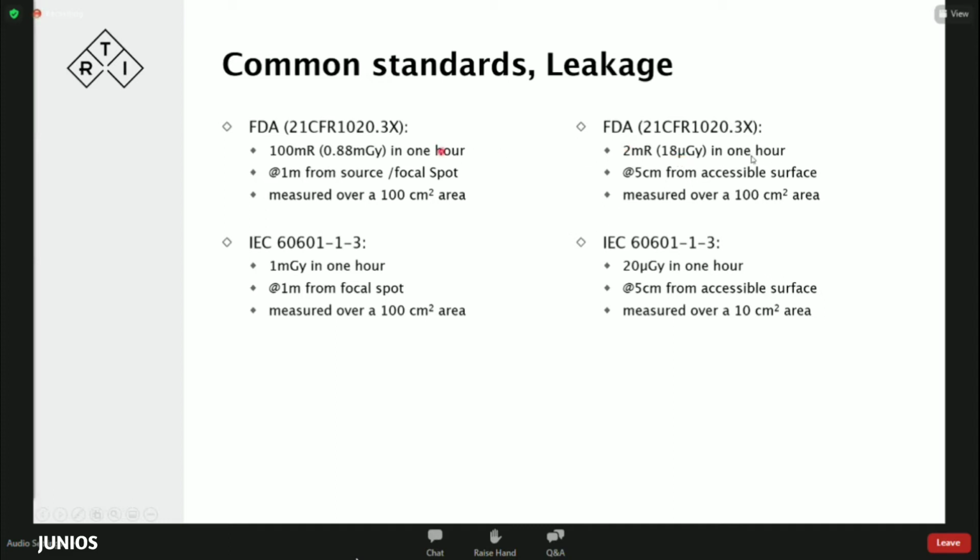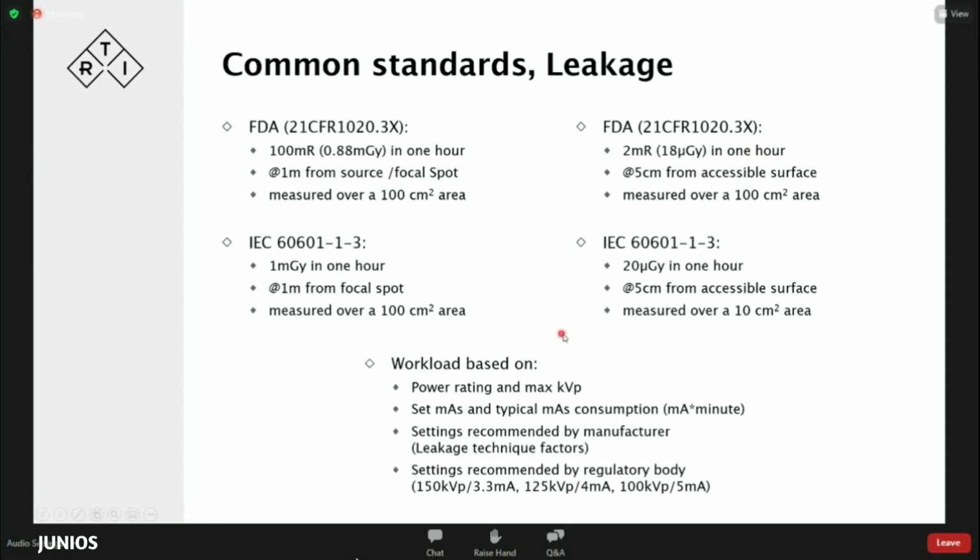If you will notice here, the requirement mentions in 1 hour. And what does that mean? That means that we have to normalize these measurements based on the workload. There is some computation required when we do these leakage measurements. We need to normalize our measurements based on the power rating and maximum kVp of the machine.